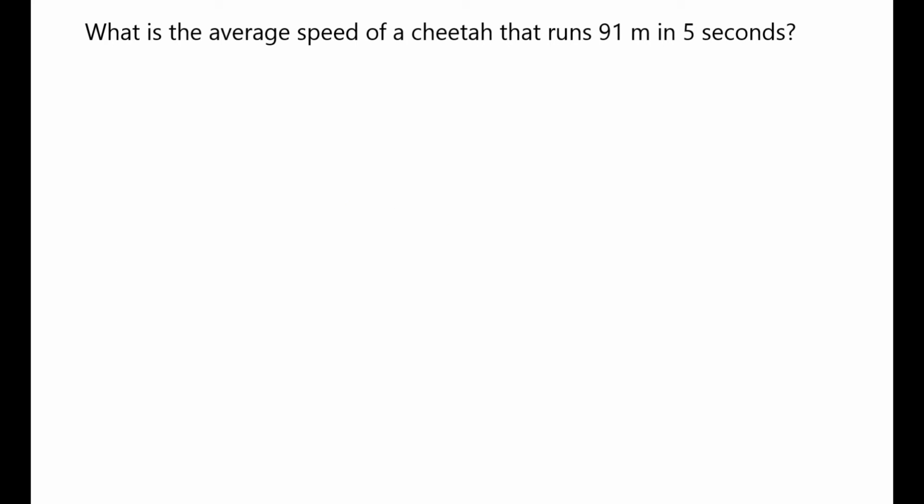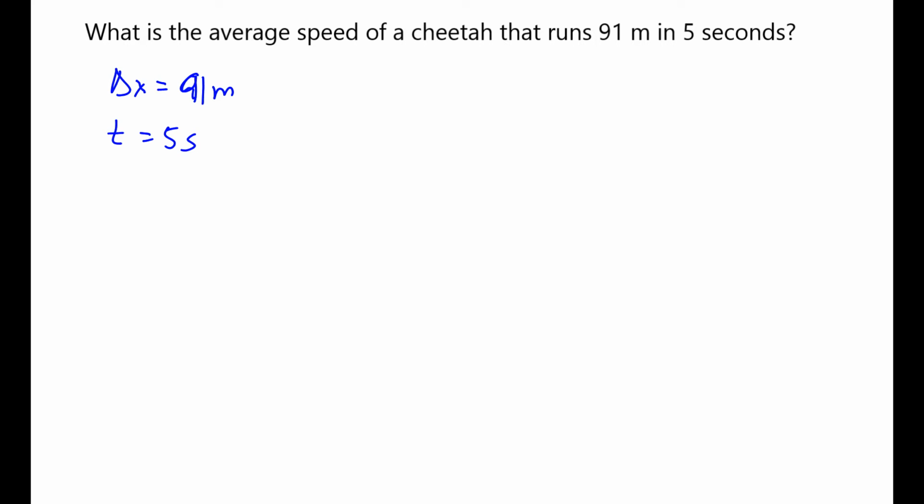Problem number 1. What is the average speed of a cheetah that runs 91 meters in 5 seconds? So what do we have in this problem? Distance and time. Our delta x is 91 meters. Time is 5 seconds. And we're looking for average velocity.